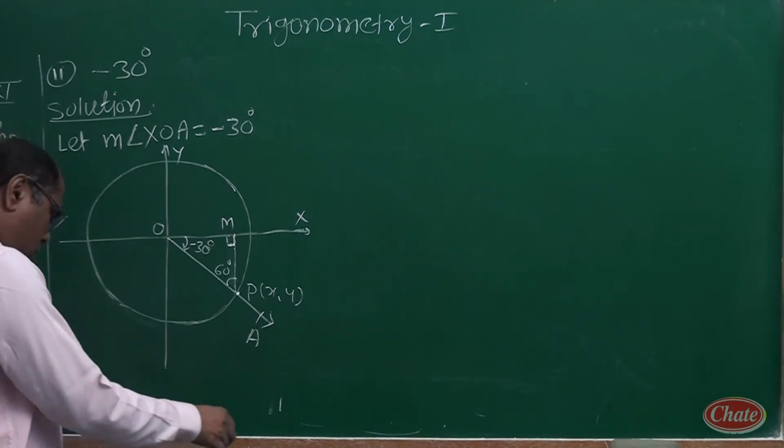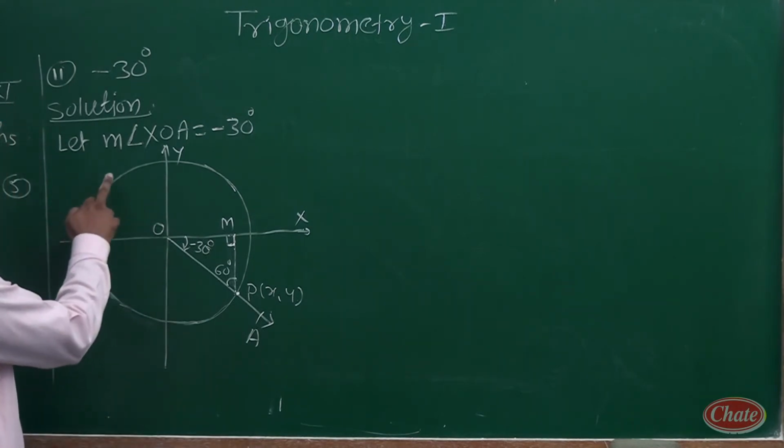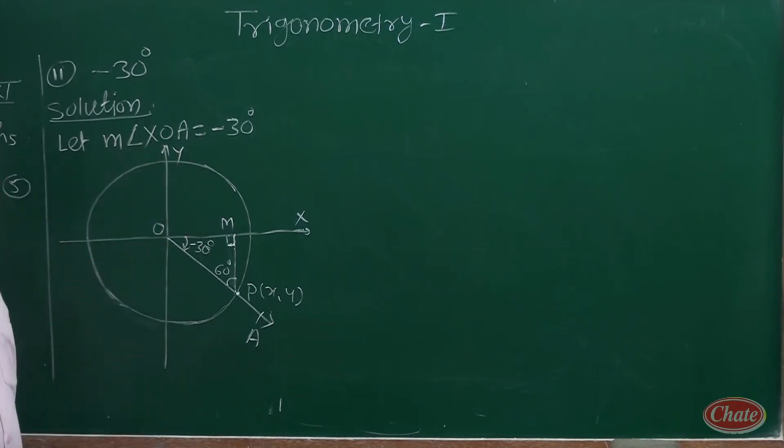Now here let the measure of angle XOA be equal to minus 30 degree.